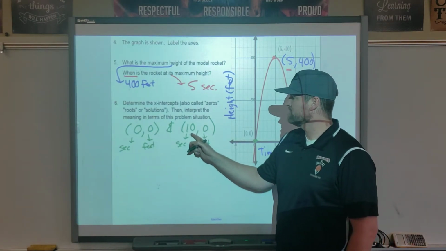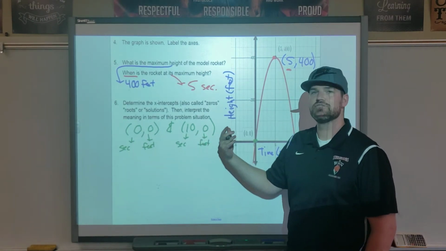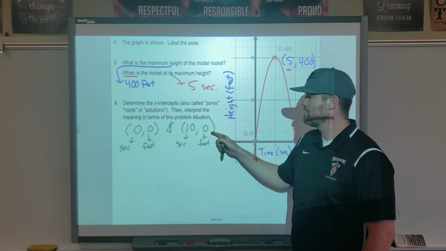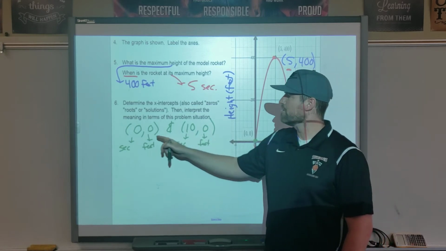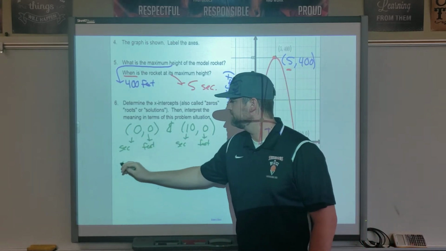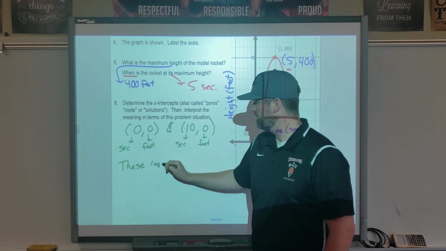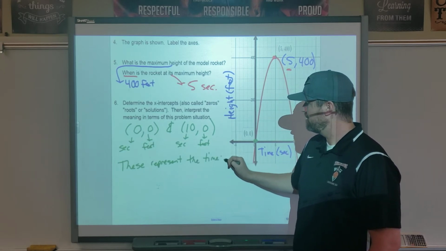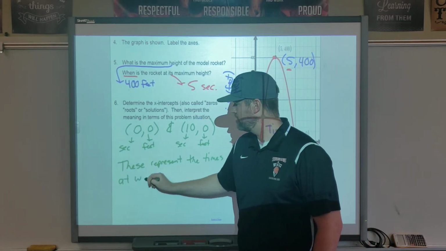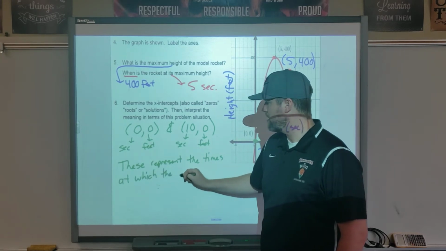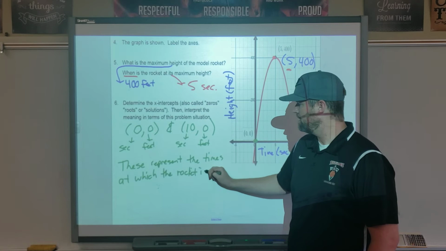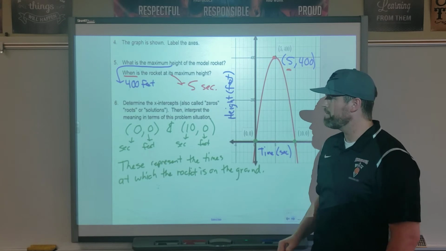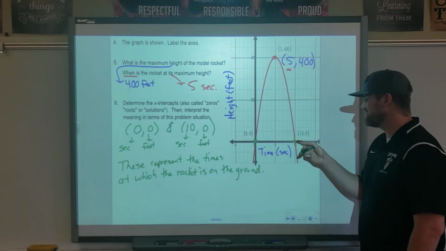Well, the next time it got to a height of 0, right, to our x-intercept, was at 10 seconds. So at 10 seconds, our height was once again 0 feet. So these 2 points represent the times at which the rocket is on the ground. Or we might even be more specific, because we know that once it hits the ground, it's actually going to stay on the ground, right?